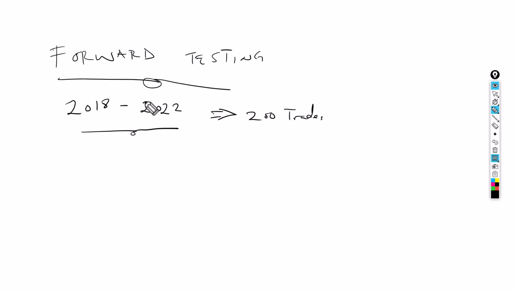Because if you were to test your trading strategy, whether it's a back test, forward test, or live test, and all you did was test it during a time period when that strategy tends to perform at its best, you will definitely get very good results from your test.